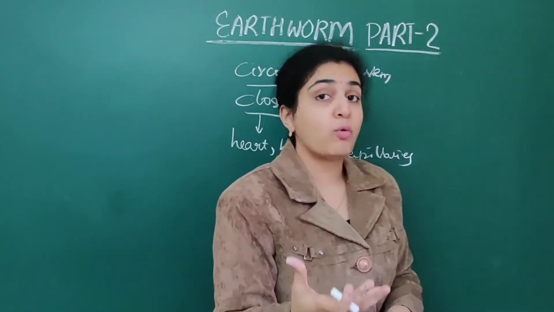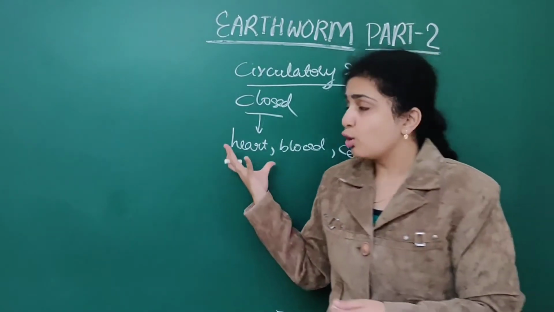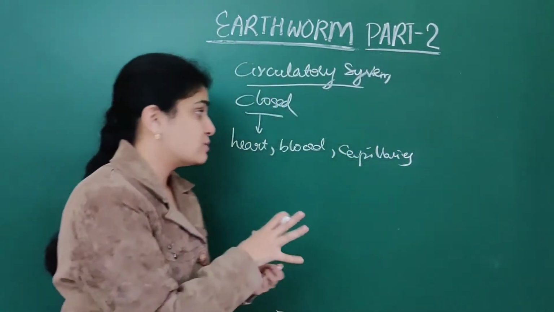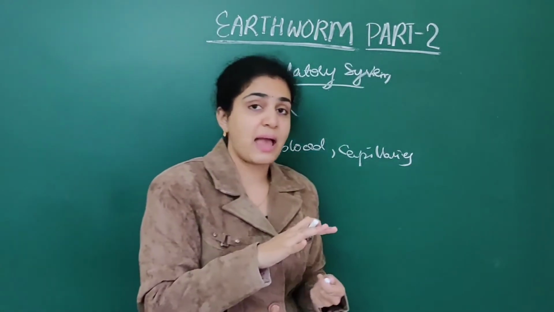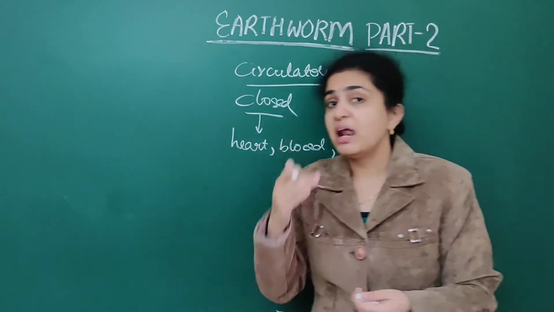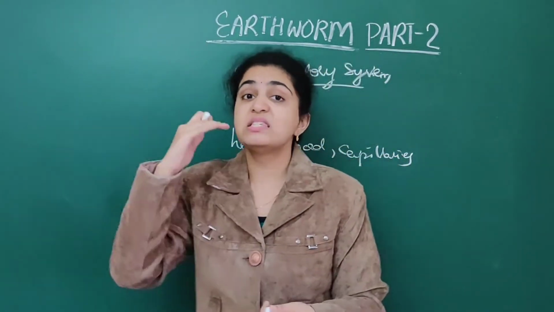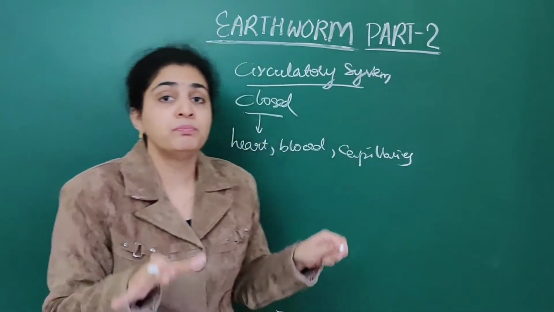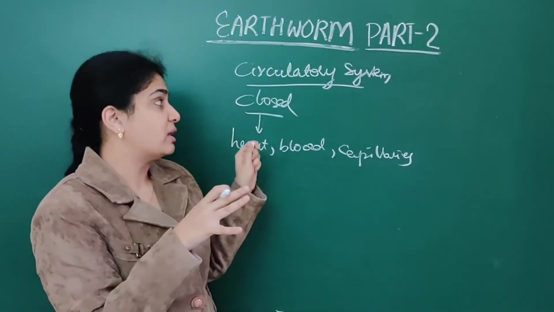The cockroach exhibits an open type of circulatory system. When it comes to the open type, blood flows only into open spaces, that is, into the body's open spaces.